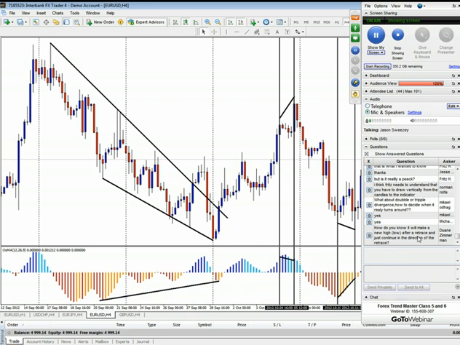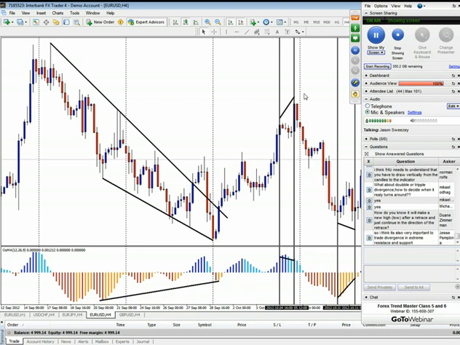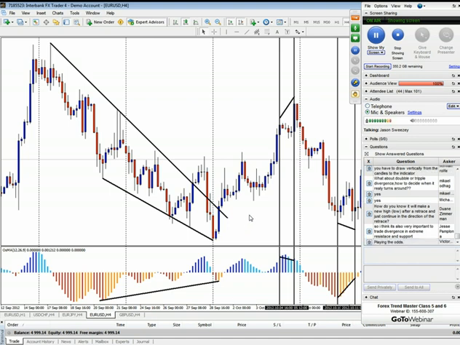How do you know it will make a new high or low after you retrace? That's what I'm saying, nobody knows. You don't know if it's going to come back and make a new lower low or a new higher high. Nobody knows. That's just the way the trading game is. You don't want to buy high and sell low. You want to buy low and sell high.